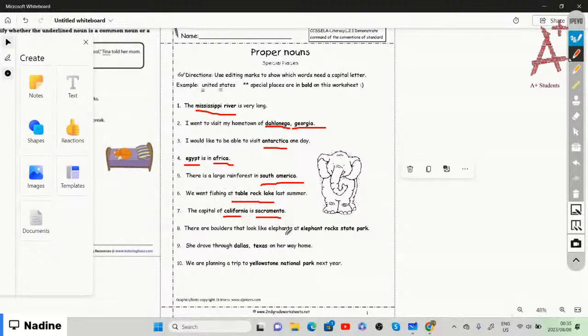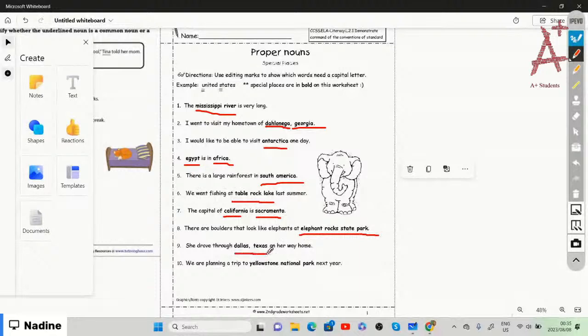There are boulders that look like elephants at the Elephant Rocks State Park, right? Elephant Rocks State Park needs to be capitalized, right? And then she drove through Dallas, Texas on her way home.